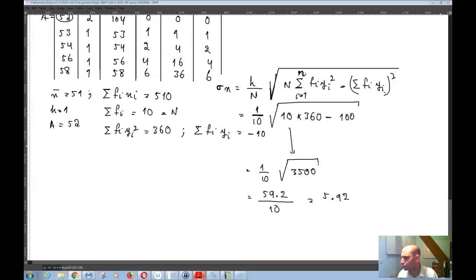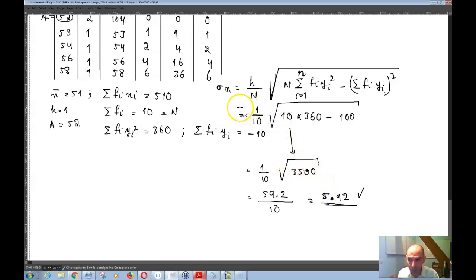Question number 2 is 5.91. Take it as 5.92, it's okay. That is your standard deviation related to share X.